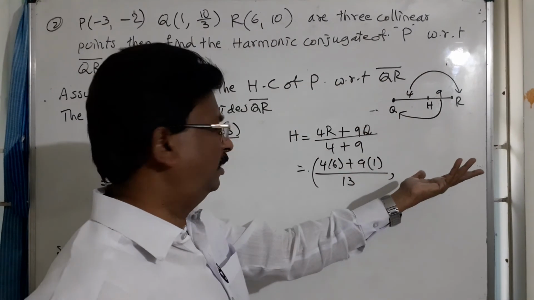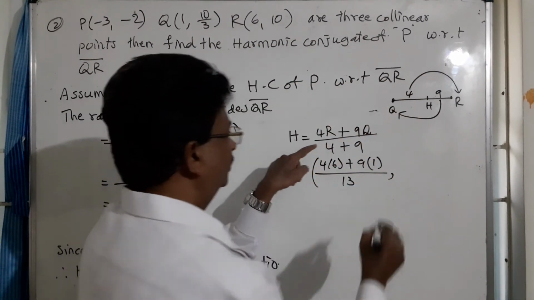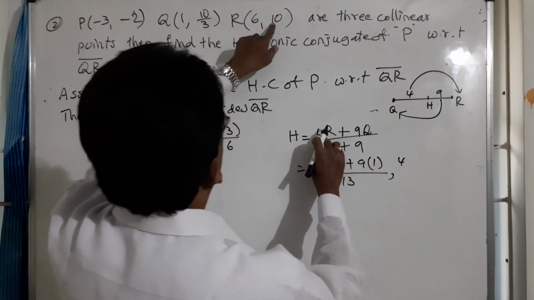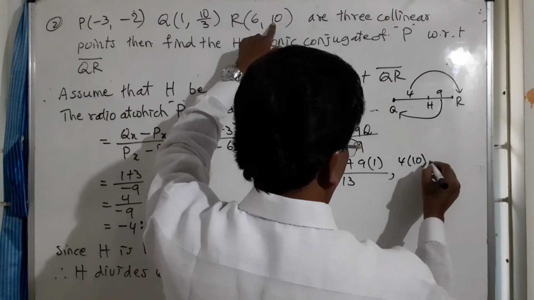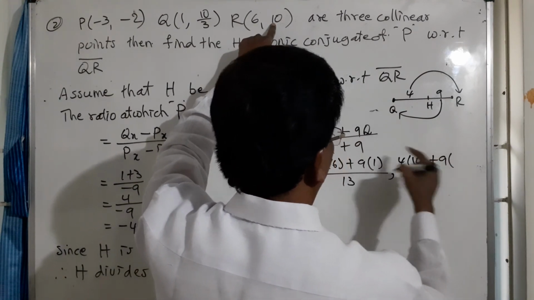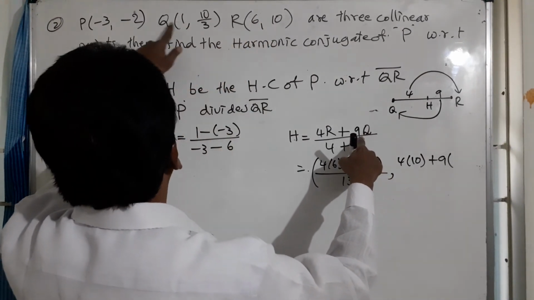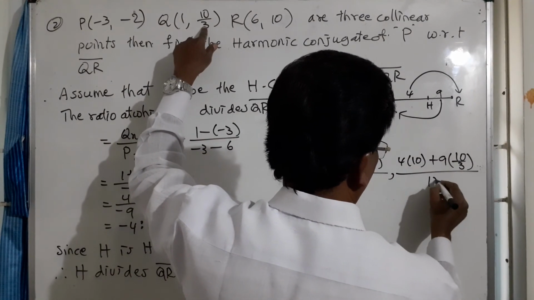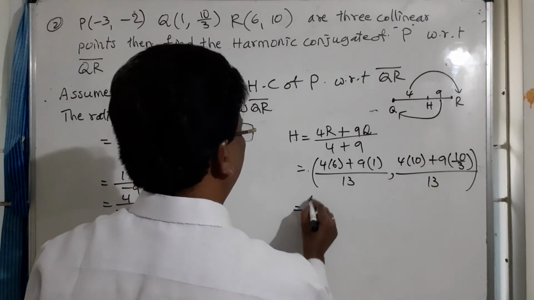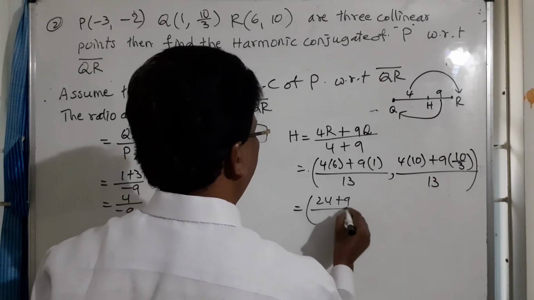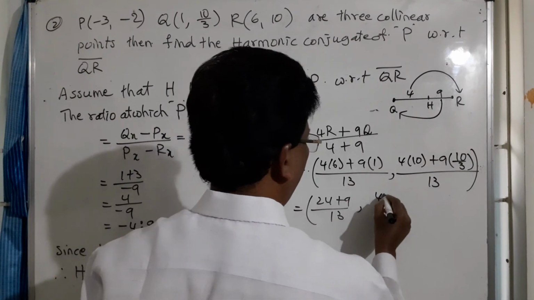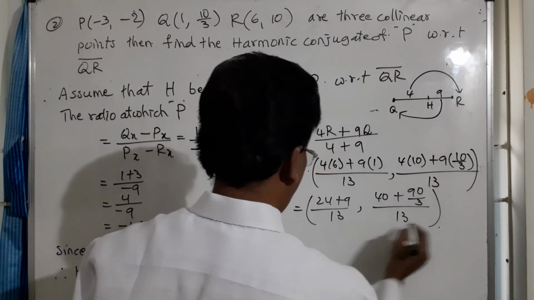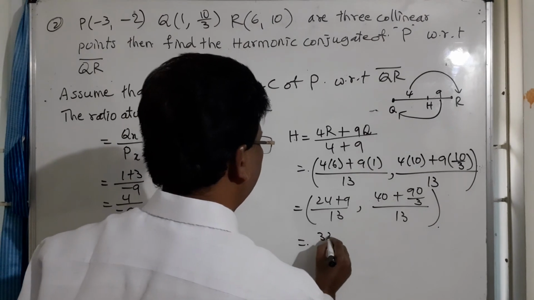Next, comma, and put all the y coordinates. 4 into R y coordinate, where is R? Here, 10, plus 9 into Q, y coordinate of Q 10 by 3, divided by 13.